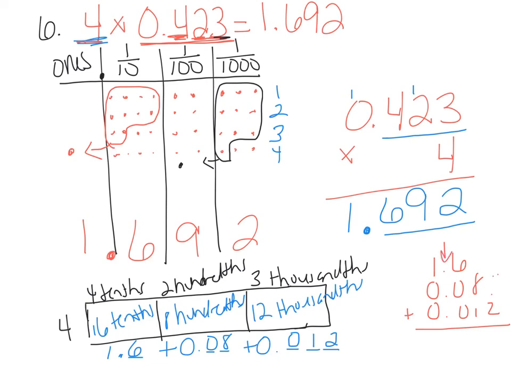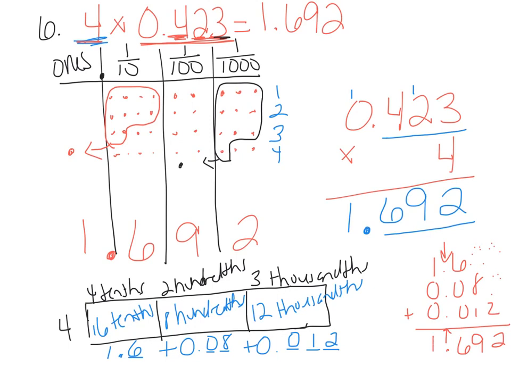So 2 plus 0 is 2. 8 plus 0 plus 1 is 9. 6 plus 0 is 6. Decimal, notice it lines up. What a beautiful thing. 1 plus 0 is 1.